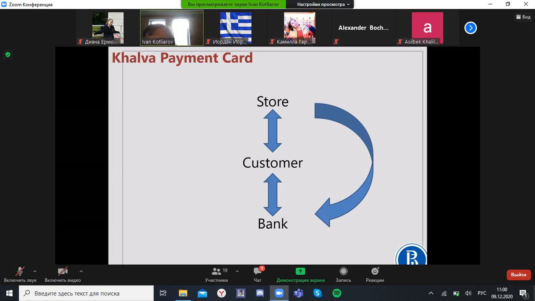In Russian, as you probably heard, it is called "карта рассрочки". This model creates a new model of cooperation between these three key stakeholders. So it is indeed a new product, but it has no specific technological features. It is just a new product offered by a pretty traditional bank.